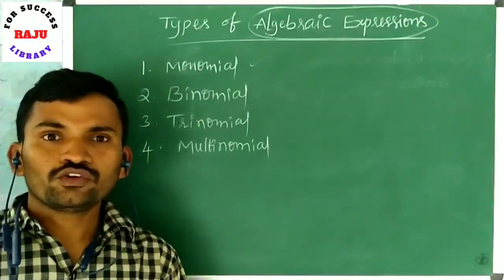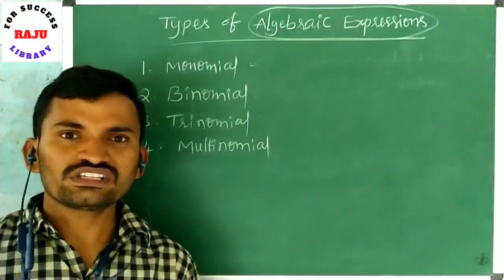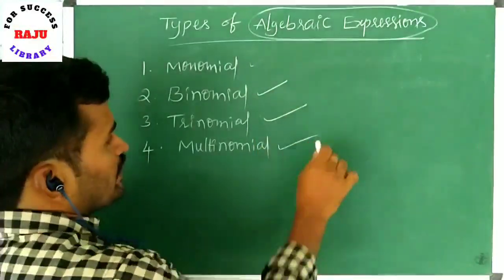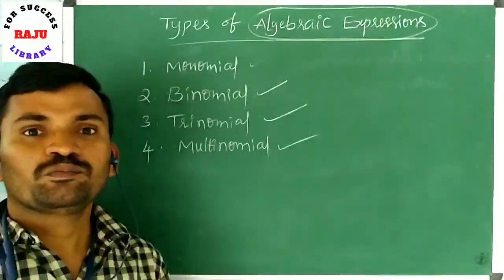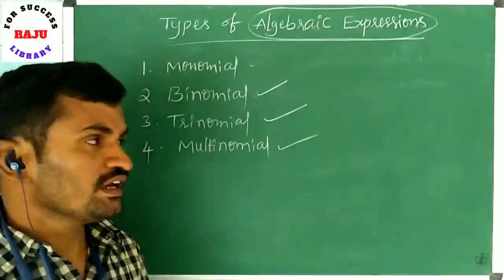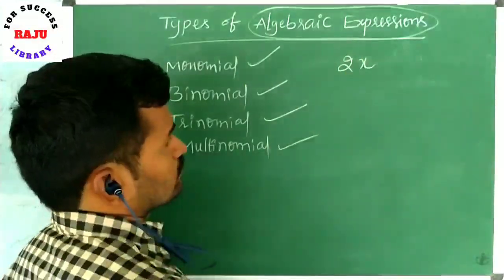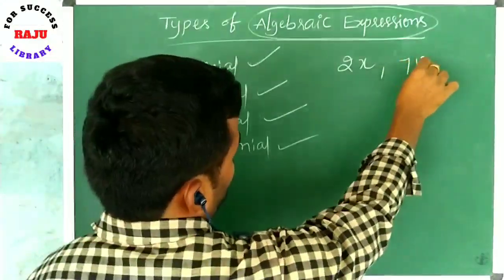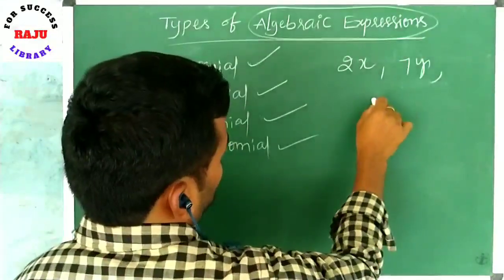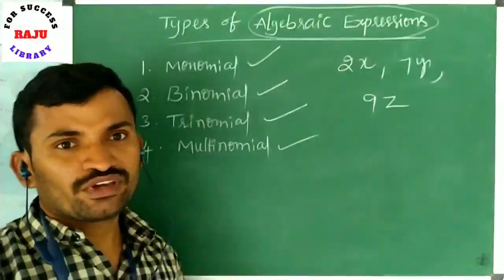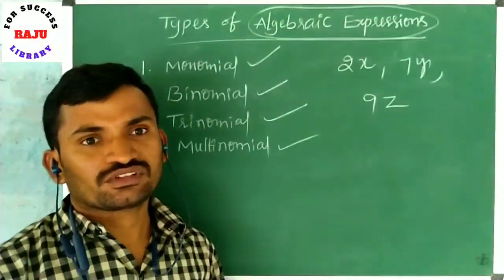Okay children, do you understand one thing here? To say binomial, trinomial, multinomial, we are using plus or minus. A monomial is a single term: 2x or 7y or 9z. So these are the monomials, meaning single terms.